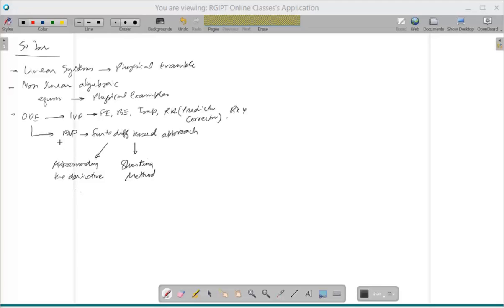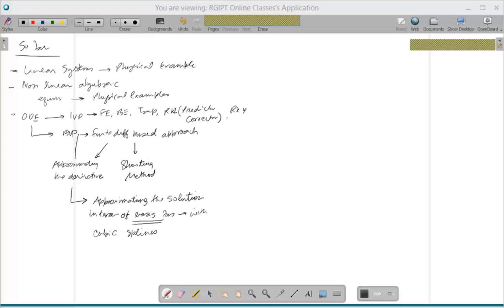And the other, second approach, was approximating the solution in terms of basis functions. We looked particularly at a choice of basis functions being cubic splines. But you have to keep in mind that that's just one set of basis functions.